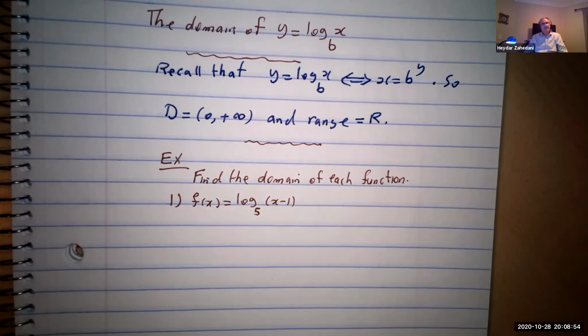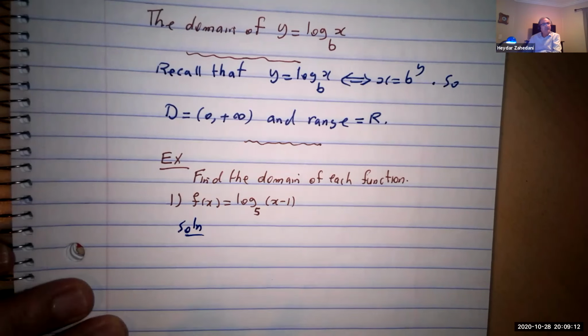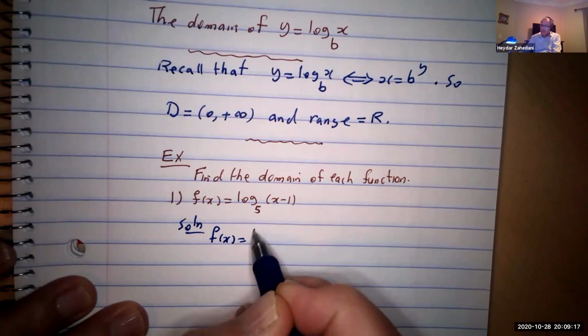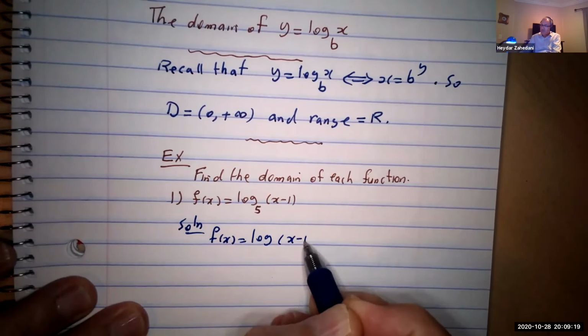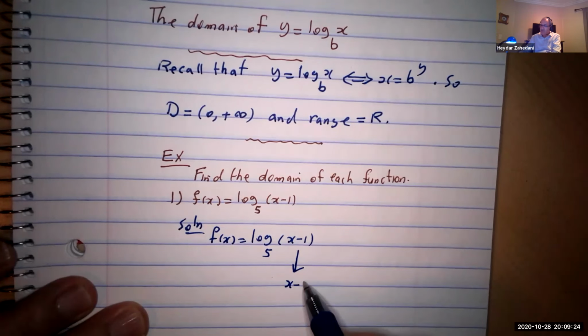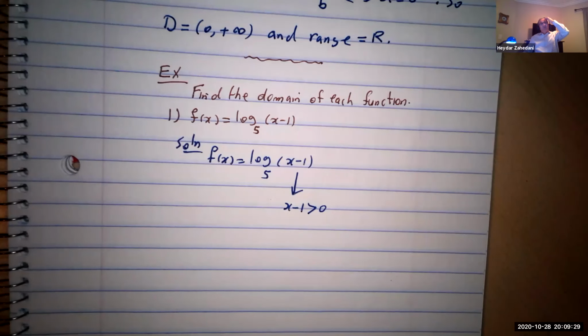The base, the type of the log, is not important. The inside, the input, cannot be negative. It must be strictly bigger than 0. So this is going to be the solution. Let me rewrite it again. This function is going to be defined if the inside is strictly positive, greater than 0, not greater than or equal to.